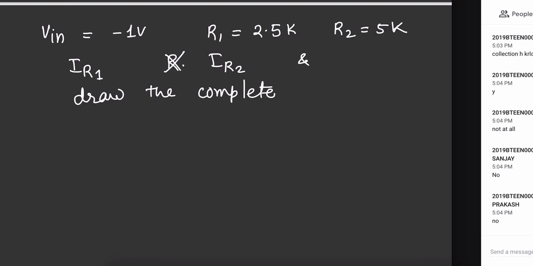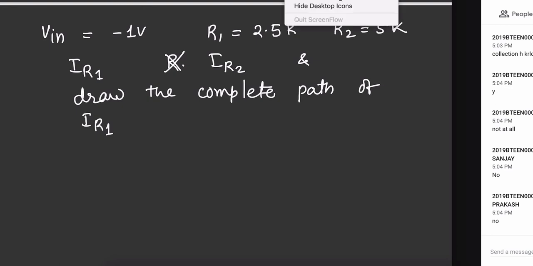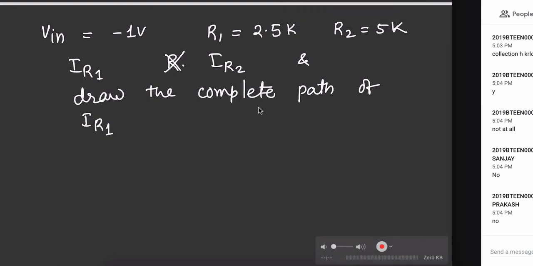So we have to take one more activity. Vn is equal to minus 1 volt, R1 is equal to 2.5k, R2 is 5k. We have to find out IR1, IR2, and then you have to draw the complete path of IR1. Okay, so you will complete this.